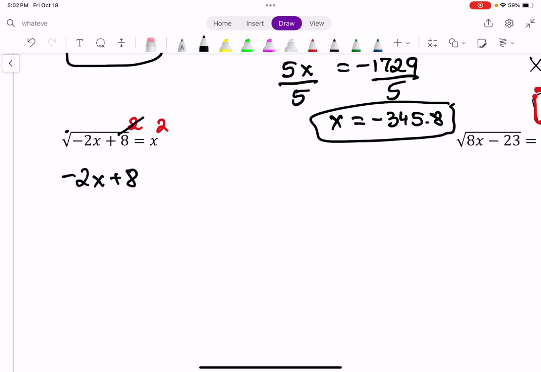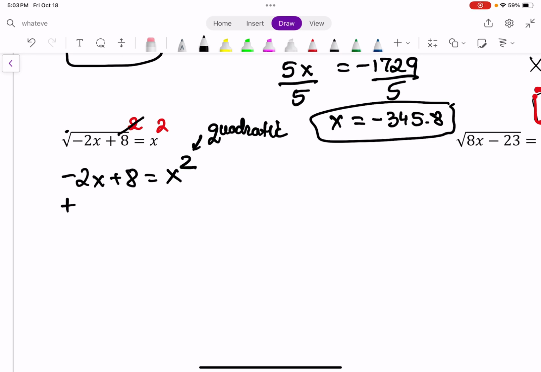However, on the other side, I don't have a number this time. I have an x, and I'm supposed to square the x. So as you see, we now have a quadratic equation and not a linear equation anymore. Now, how do we solve quadratic equations?